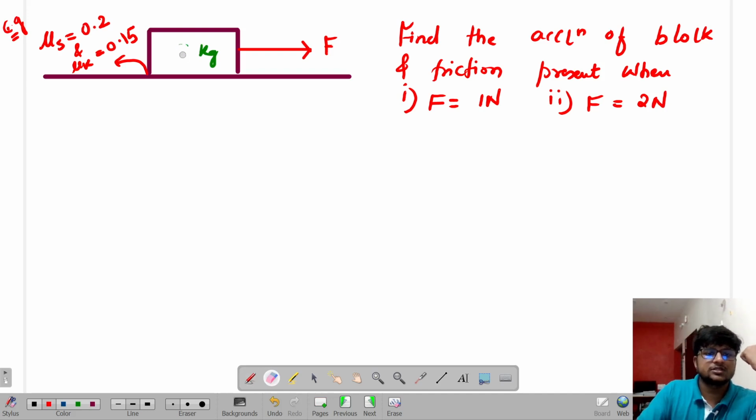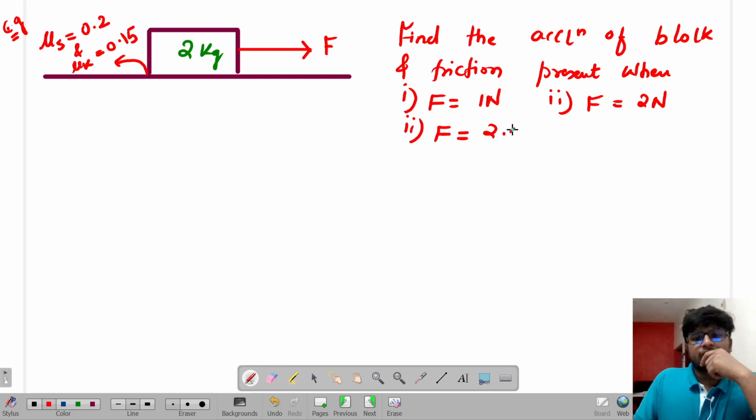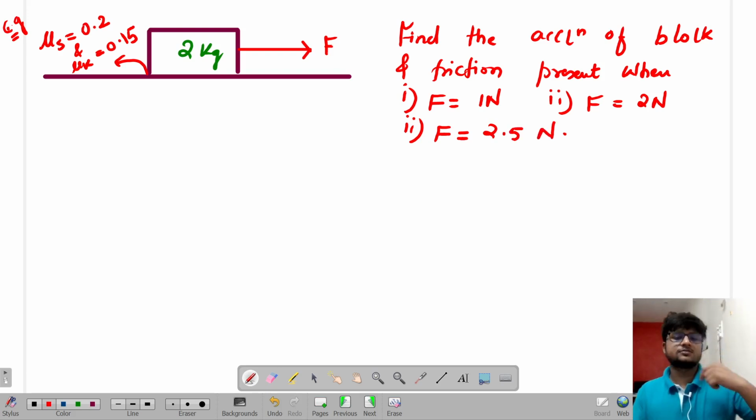Actually let's do one thing, just change the mass to 2 kg. And third, F is equal to 2.5 Newtons. Okay.